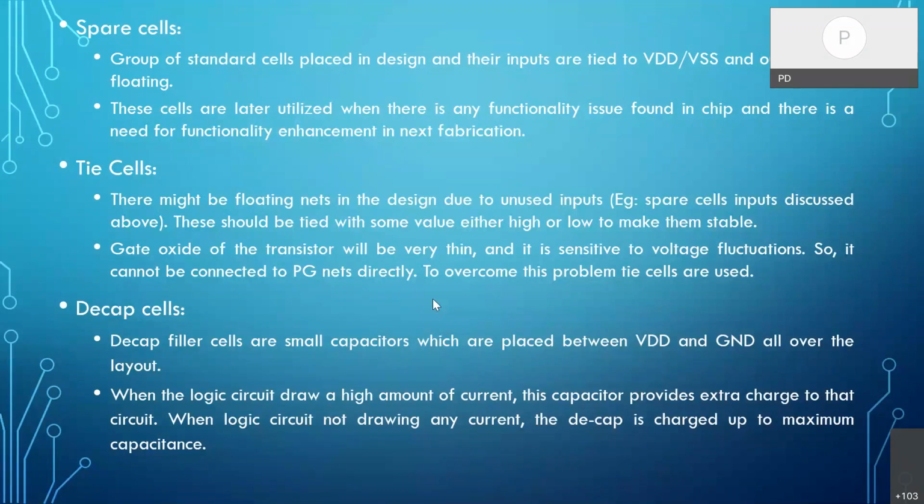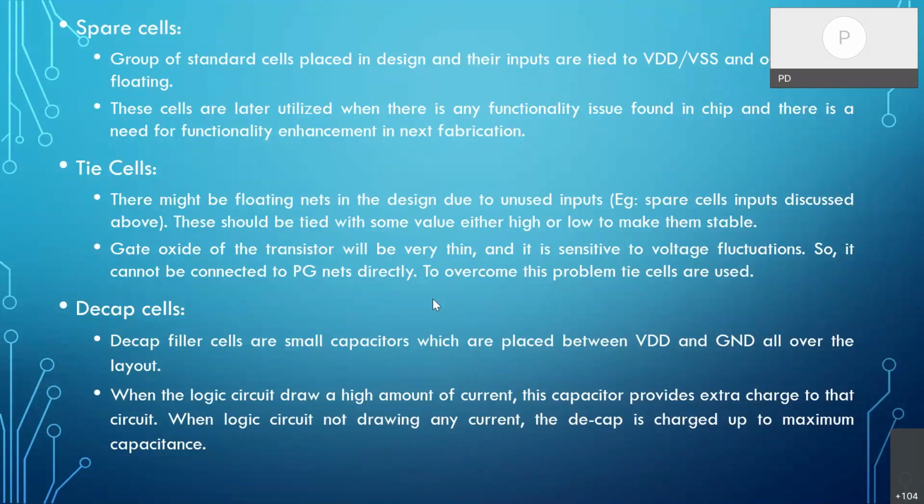Sometimes there will be voltage drops if the cells are placed too far. If there is a sudden surge and so many cells are drawing power immediately, then it can't provide the required value immediately. So to cope with that, these decap cells are placed.